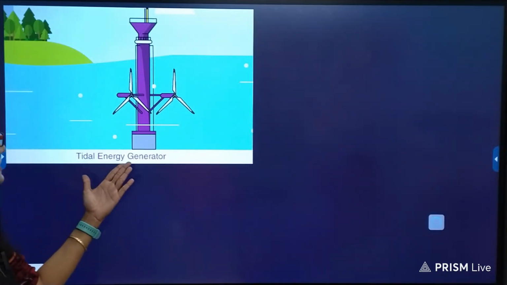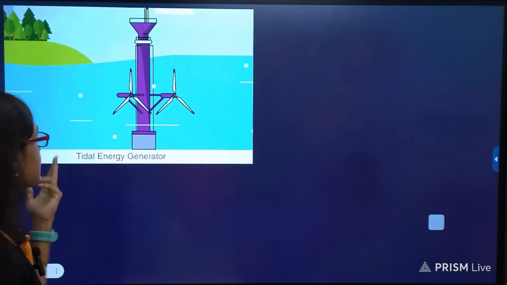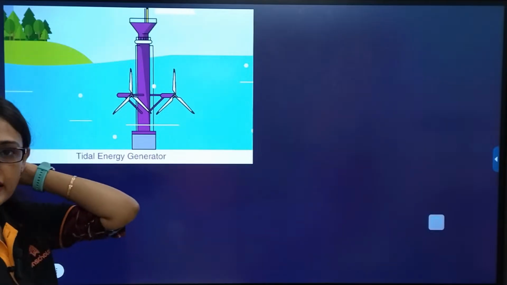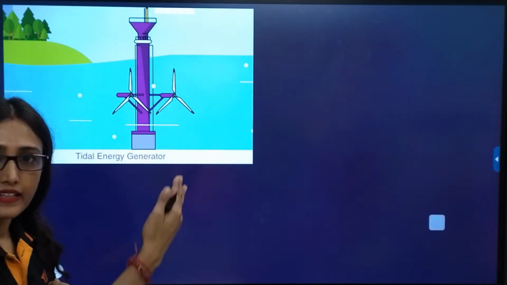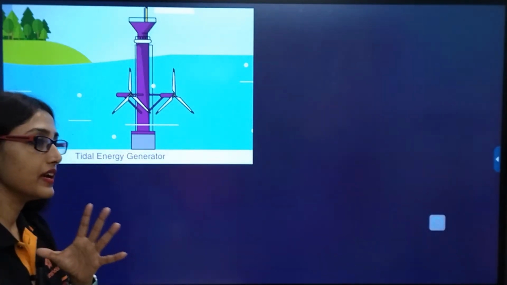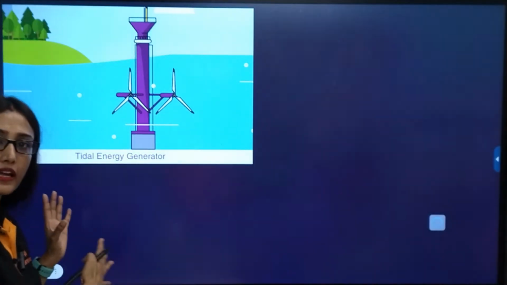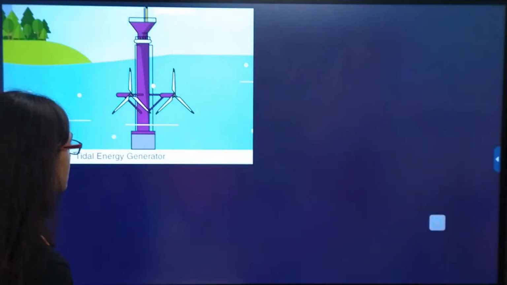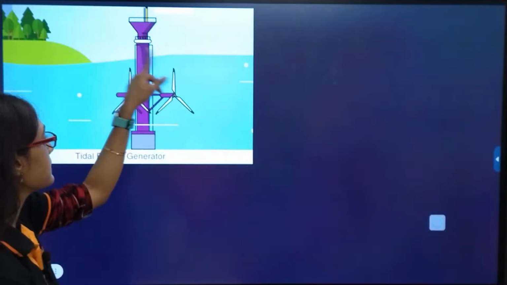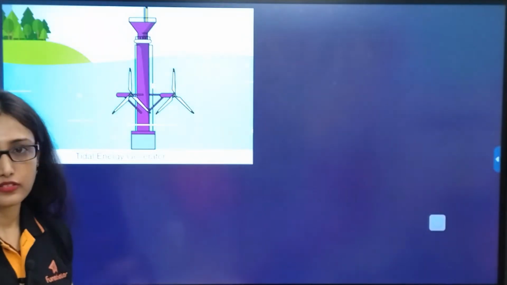See, tidal energy generator. What is tide? You know high tide, low tide. When there is high tide, water comes in a great rush to the coastal areas. So what happens when the water is in such a rush? At that time these turbines are used to produce electricity.